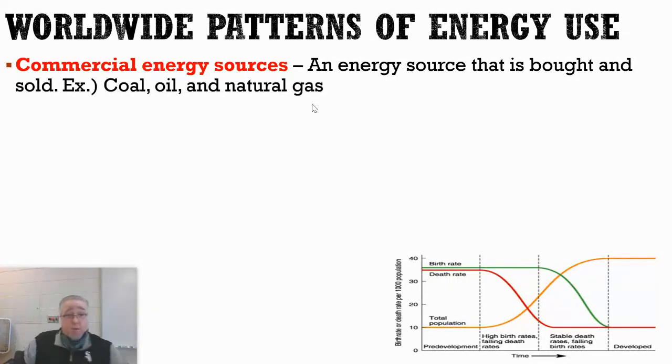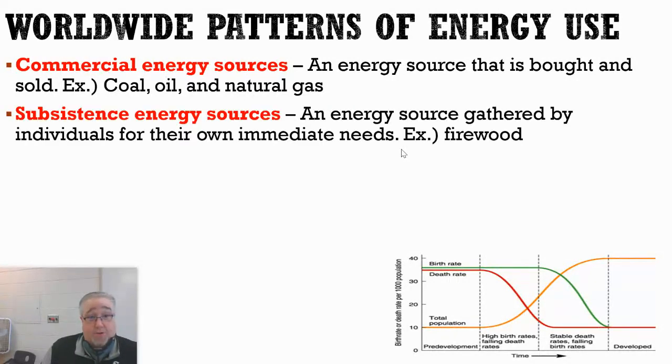Sorry, we drill for these things and then we sell them, right? I mean, these are commodities. Oil companies are billion-dollar companies because not only do they access the oil, but they sell it to other people and to other countries, right? So this is a commercial energy resource.